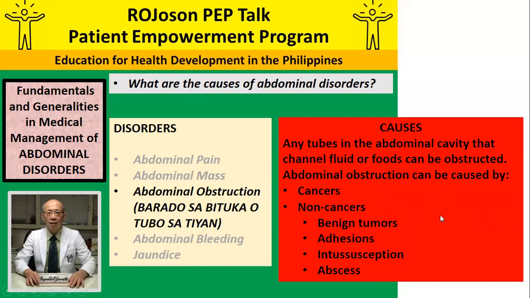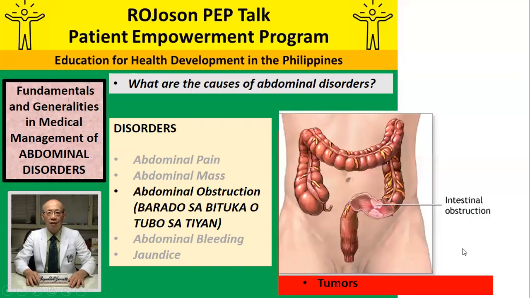So abdominal obstructions can be caused by cancer or non-cancers like benign tumors, adhesions, intussusception, and abscess. A picture illustrating a tumor in the large intestine as a cause of the intestinal obstruction.